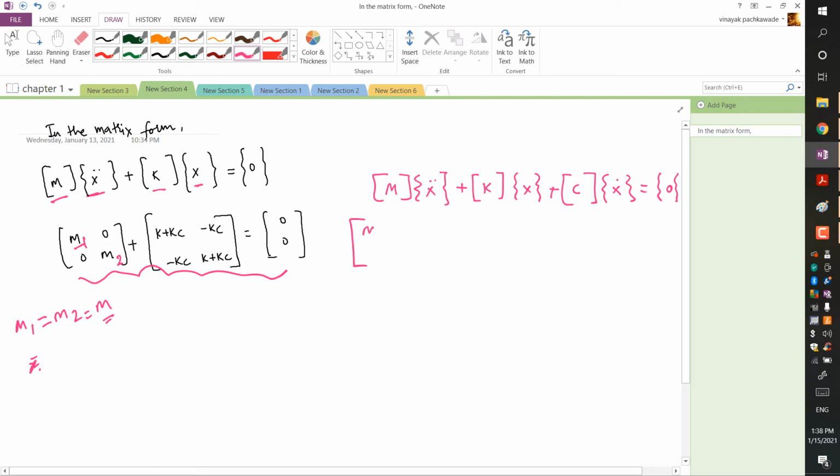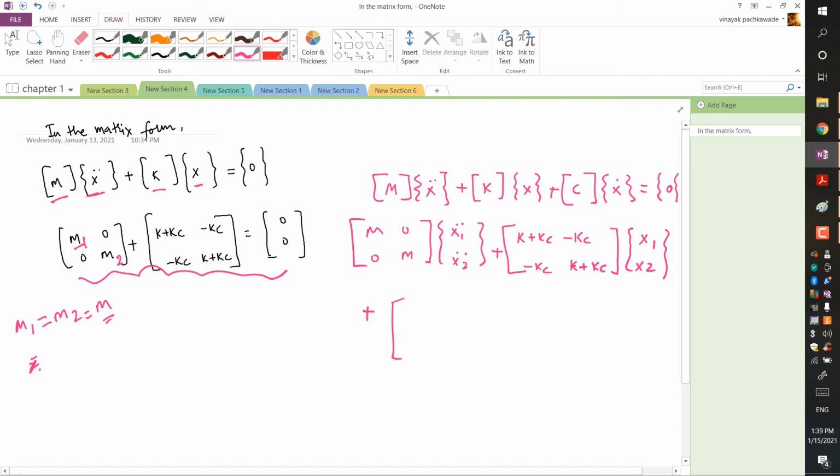It would be the matrix m, 0, 0, m, times x1 double dot, x2 double dot, plus the stiffness matrix k plus kc, minus kc, minus kc, k plus kc, times x1, x2, these are the two movements, plus now it's time to write the matrix for the damper or the friction forces. We'll first see how these terms are coming.